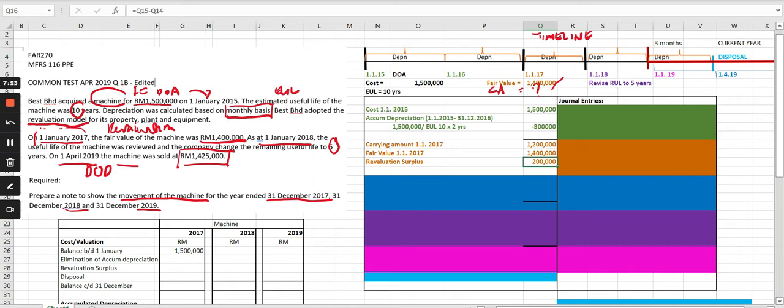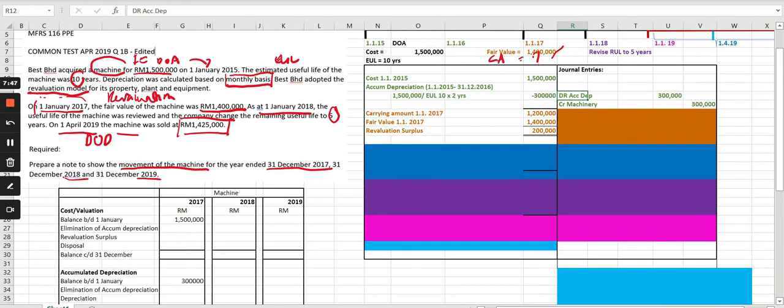So for the accumulated depreciation and the revaluation surplus, you need to remove them. When you remove, debit accumulated depreciation and credit machinery, why do you need to do that? Because now the asset is being restated at the fair value, so that one must be removed. It must be removed at 1st of January 2017.